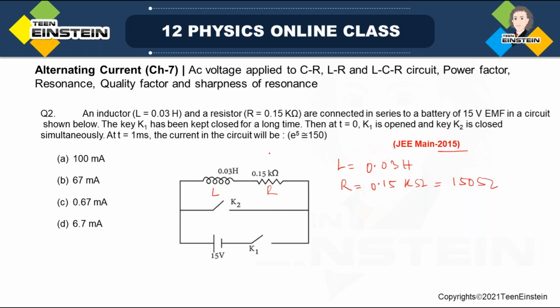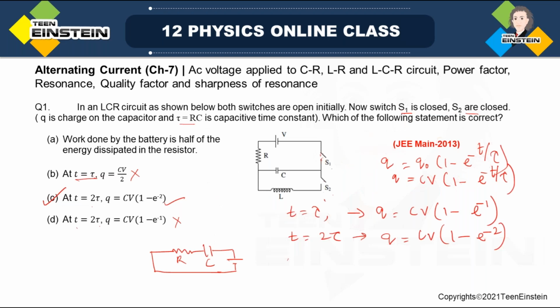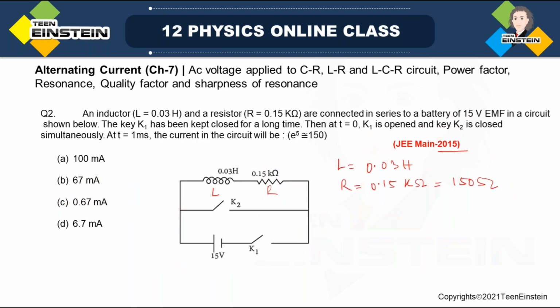See, in the previous problem also, we had seen that when DC voltage is applied, nothing was happening with this. So here also, when K1 is closed, what is the current in the circuit?